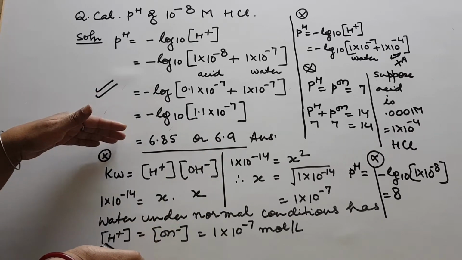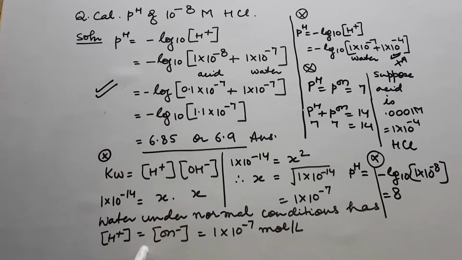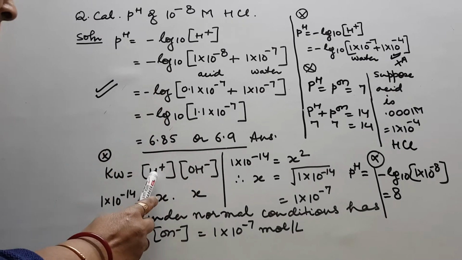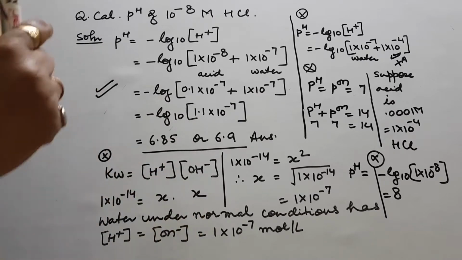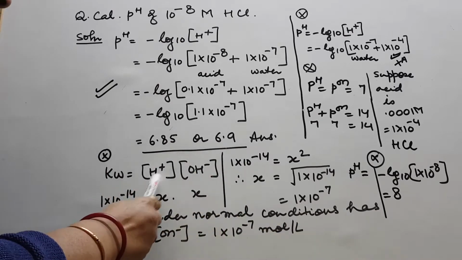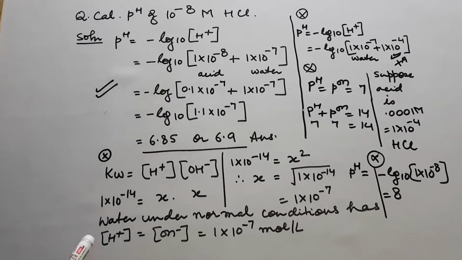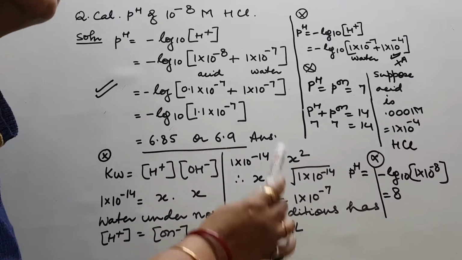So here we have seen how water gives us H plus and OH minus ions and what are their values. Both H plus and OH minus ions present in water have got to be the same. Logic says H plus and OH minus are equal, and after calculation we got the value for H plus as well as for OH minus equal to 1 into 10 to the power minus 7 moles per liter.